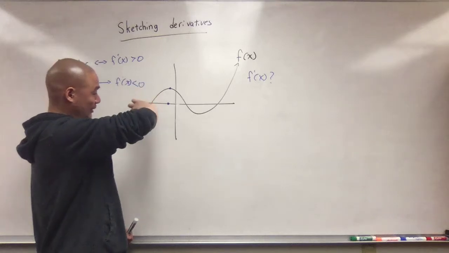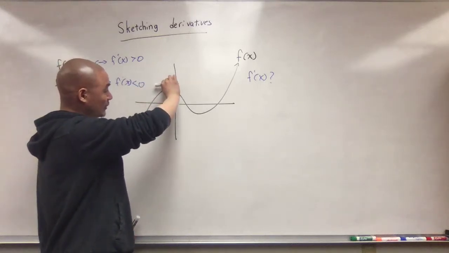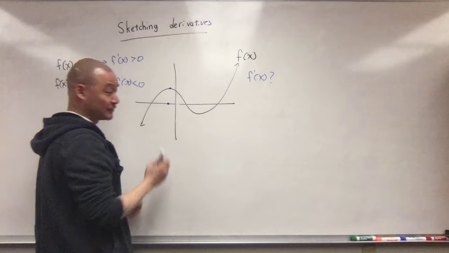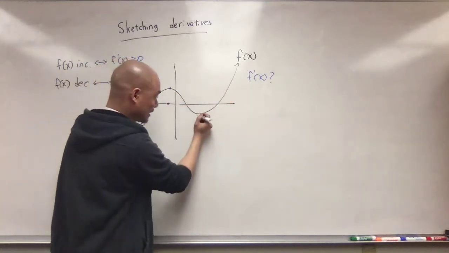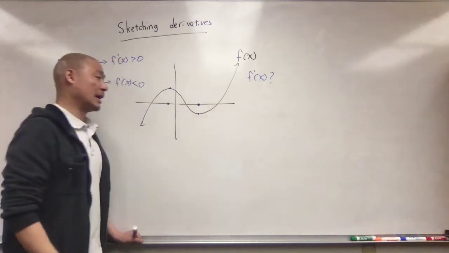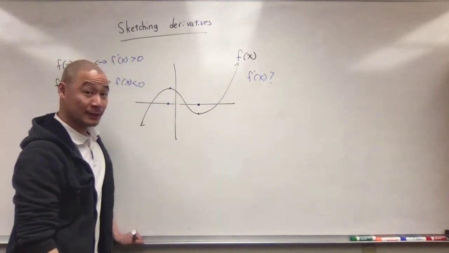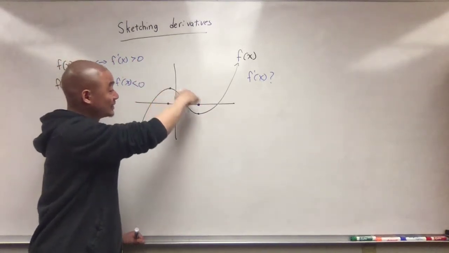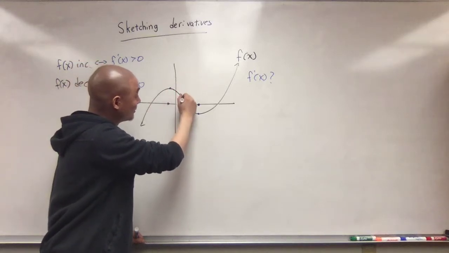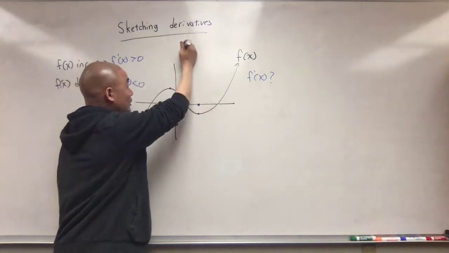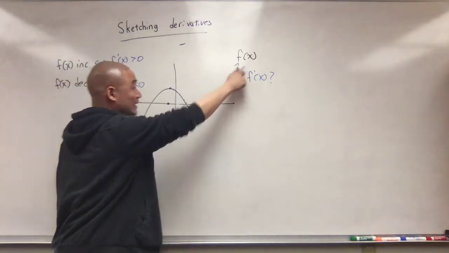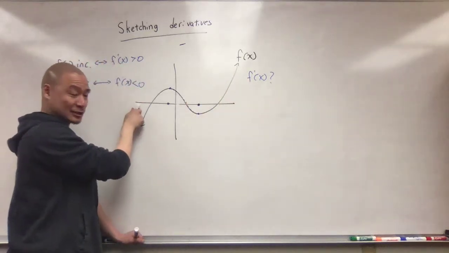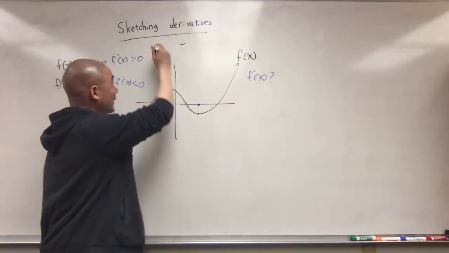My slopes go from positive to 0 before it goes negative, and over here it goes negative, then 0 to positive. So around here somewhere, I'm going to have derivative 0, right? My function is decreasing in this range, so my derivative ought to be negative, and it's increasing here and here, right? My slopes are positive here, my slopes are positive here.